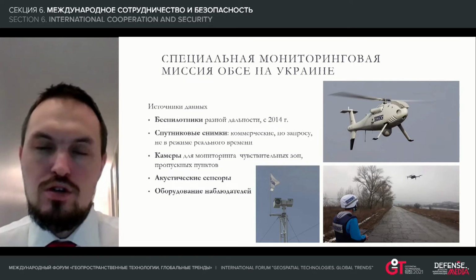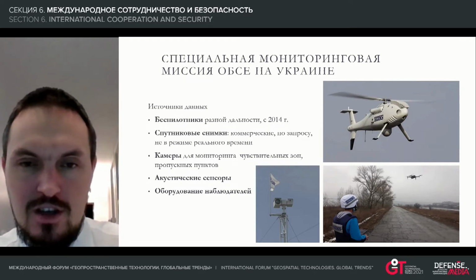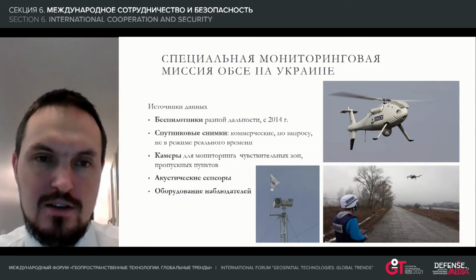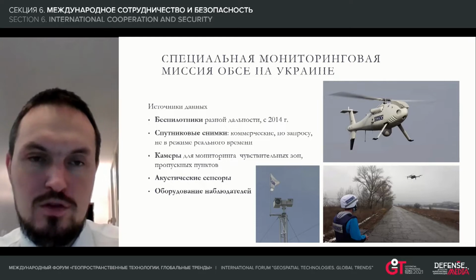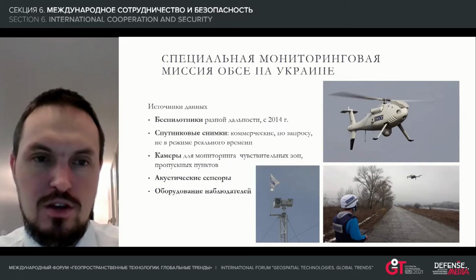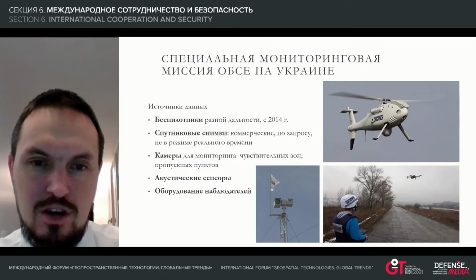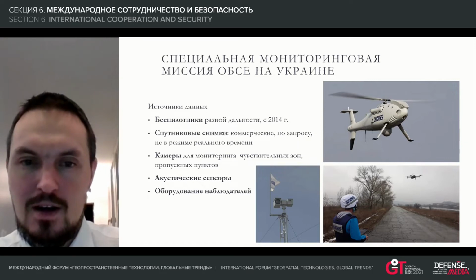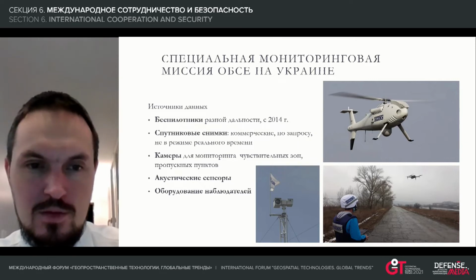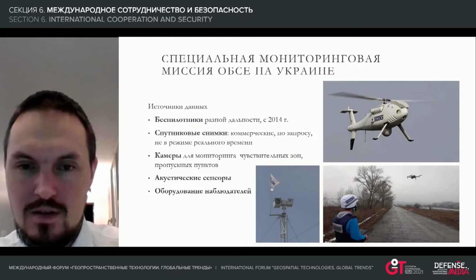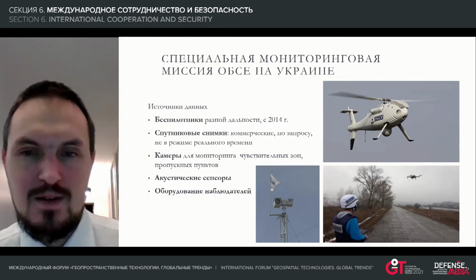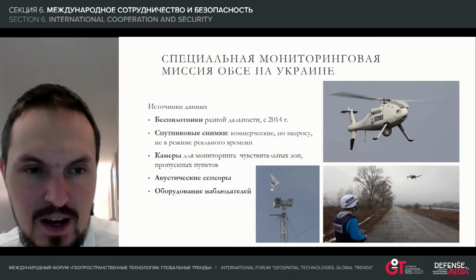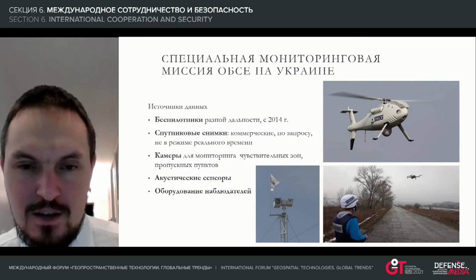And the mission can also obtain satellite images, but they don't have their own capabilities. And the governments can also have some different sensitive issues when they give such assignments. So they get the images on a commercial basis, upon request, and it's not always in real-time mode. They don't have such capabilities as the American intelligence has.